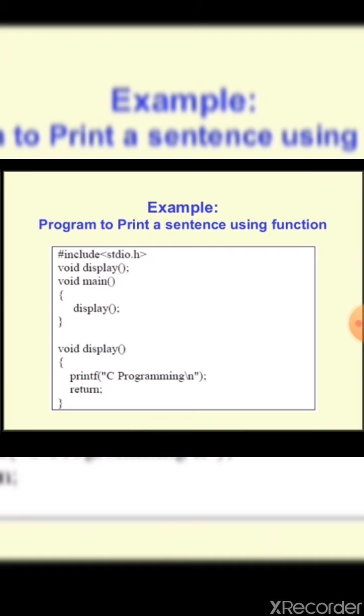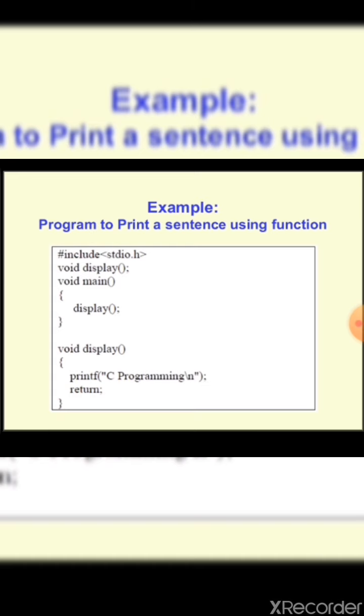Here, if you observed line number two, void display is the function declaration. We are saying the name of the function is display, it is not taking any input, so the parameter list is left empty, and the return type is void, so it's not giving any status. Inside main, we are calling the function by just calling the name of the function, display.